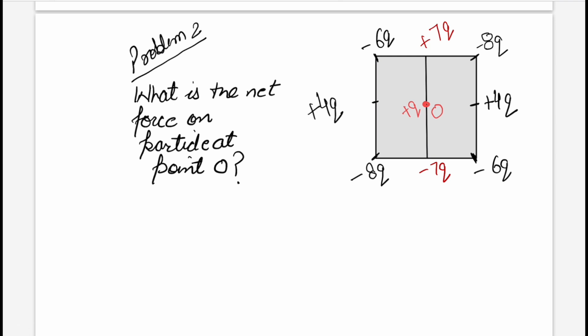In the next problem, we have a charged particle, plus q, that is placed at the center of the cube, right? The length of the cube's side is 1 meter.